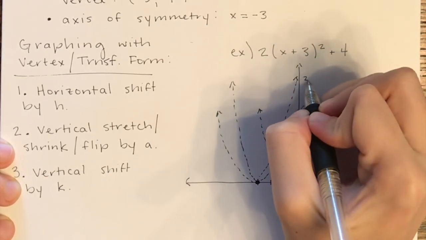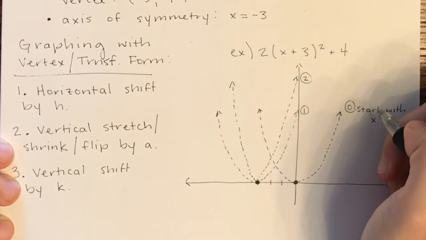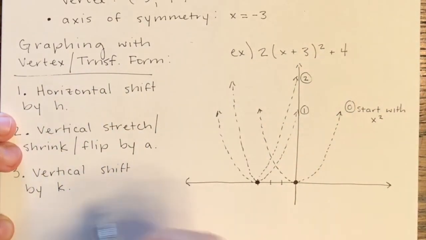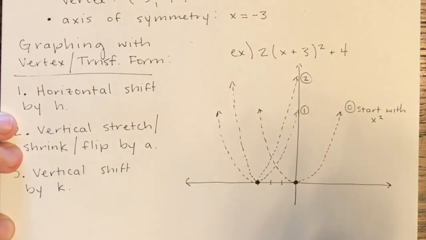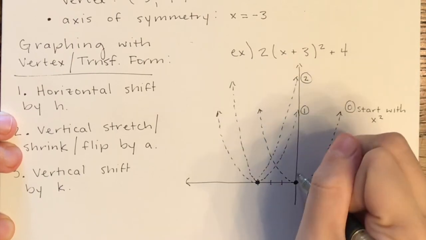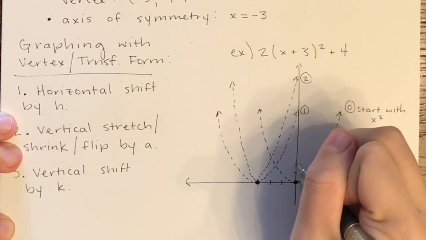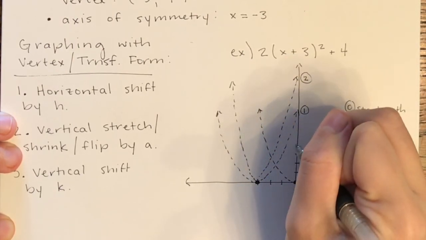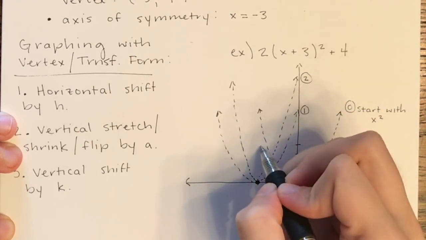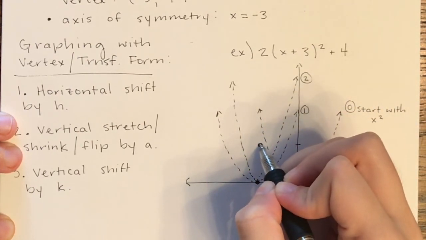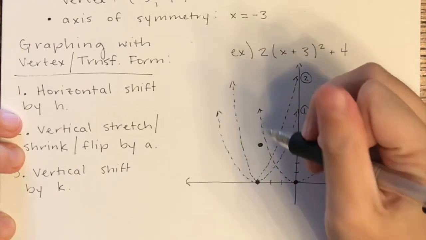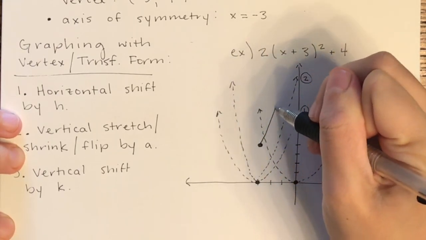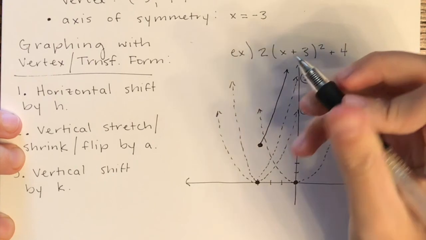So this is step 2. And then our last step is our vertical shift by k. We are shifting 4 up. So we have 1, 2, 3, 4 up. Our new vertex is here. And so our final graph, we want to keep up that kind of stretch.